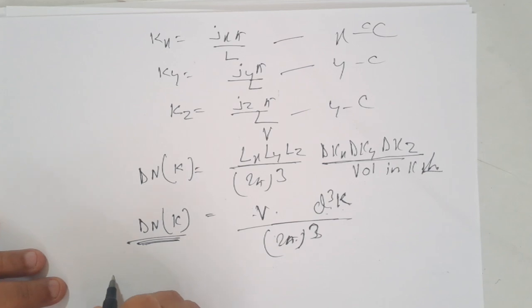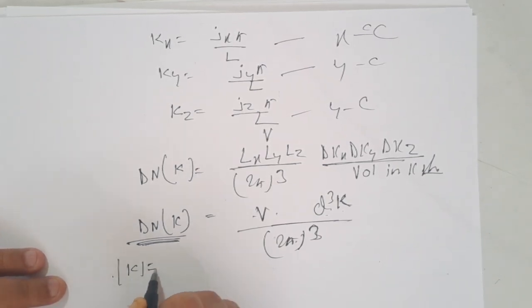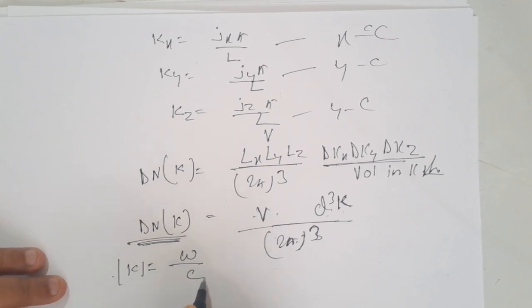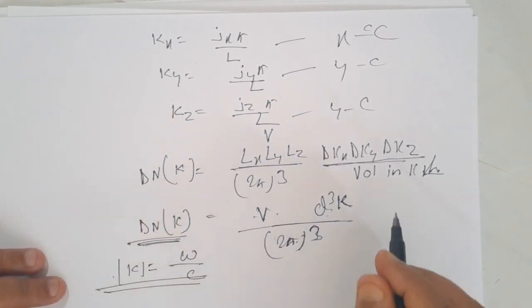Again we know that the wave number k is related to the frequency by k = omega by c.